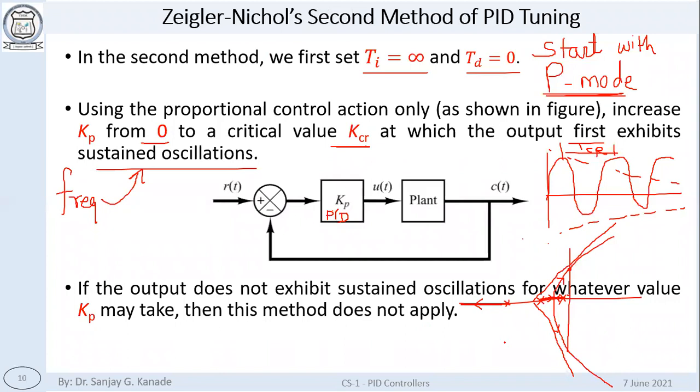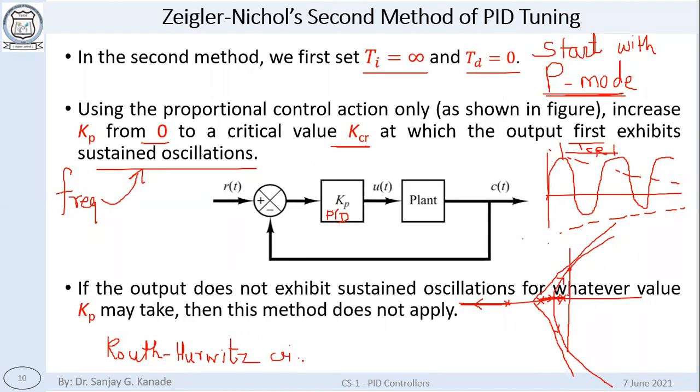Okay, we are going to need the concept from the Routh-Hurwitz criterion. We have studied the Routh-Hurwitz criterion in the third unit.